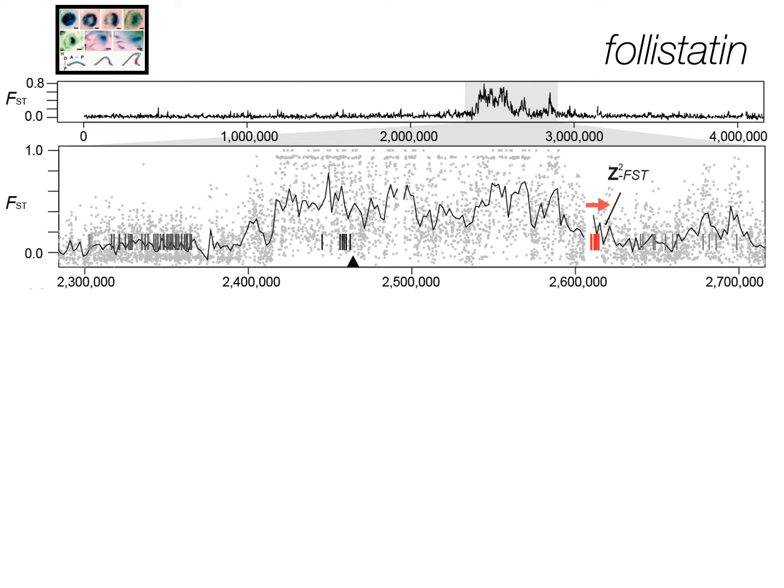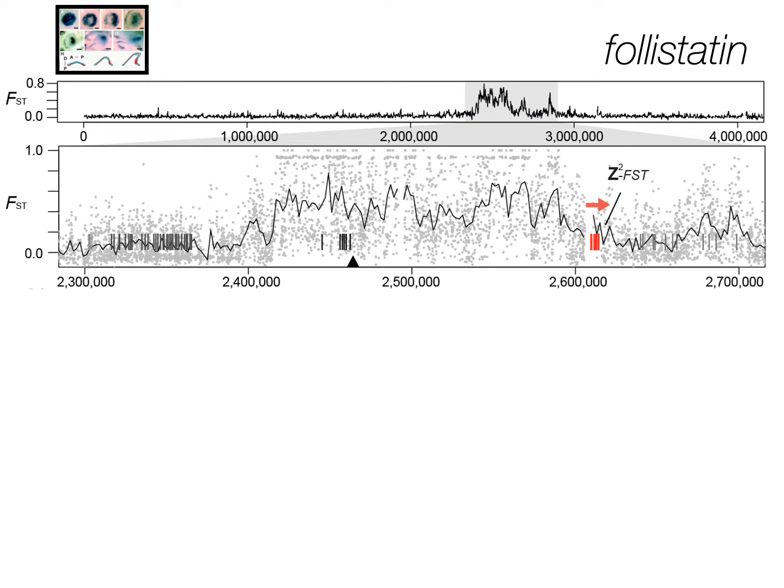For every one of these genes, as you can see here with follistatin, the divergent region is directly upstream of the gene of interest. So here, every gene of interest is in red, the exons in dark red, the introns in light red. The direction the gene is read during transcription is shown by a red arrow.